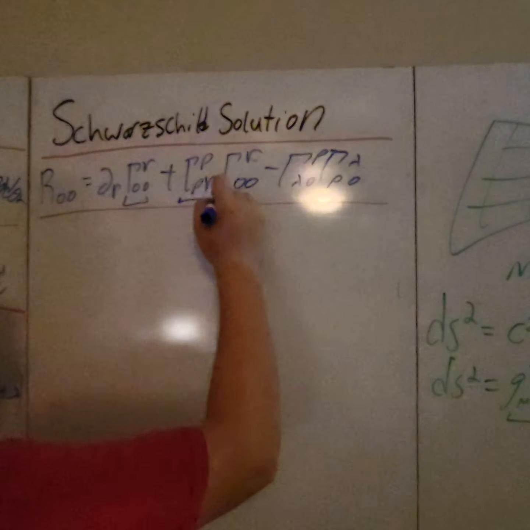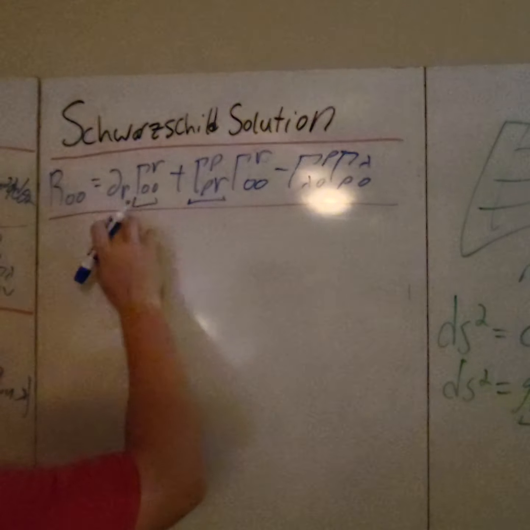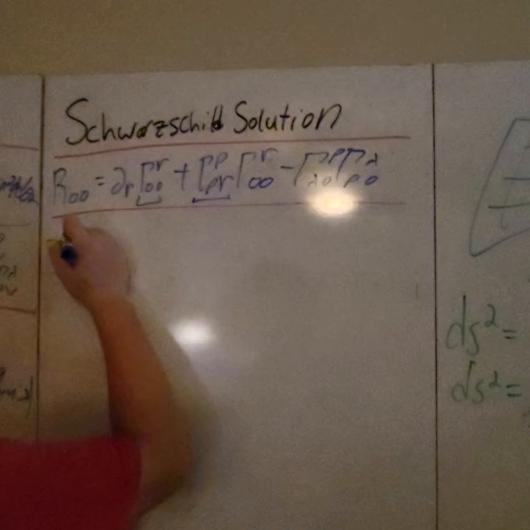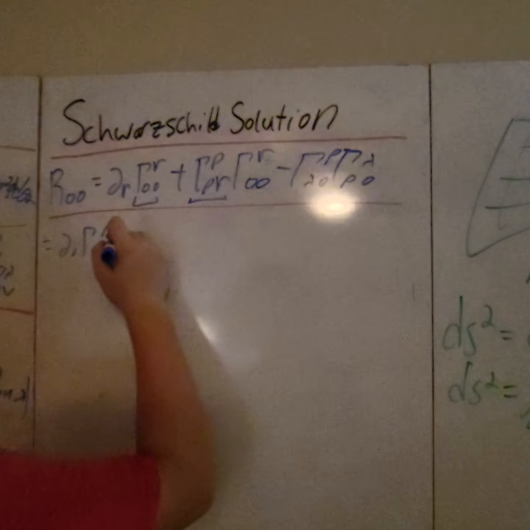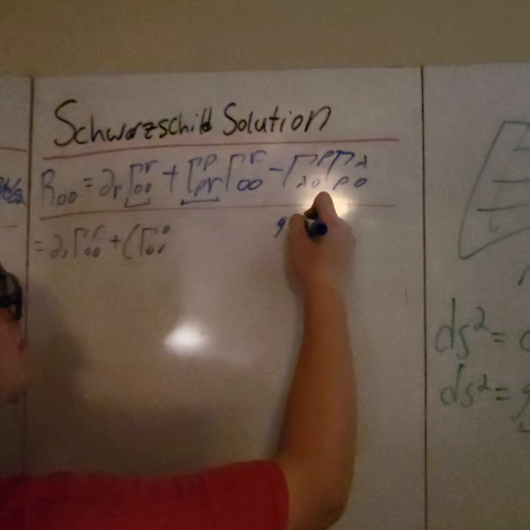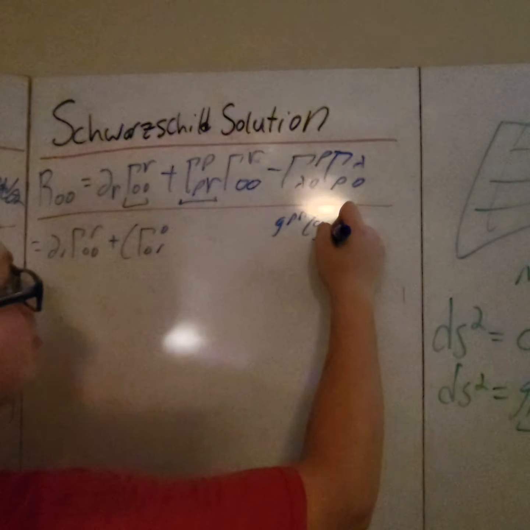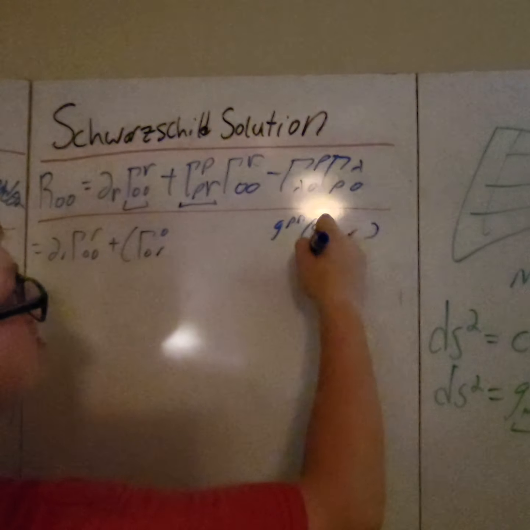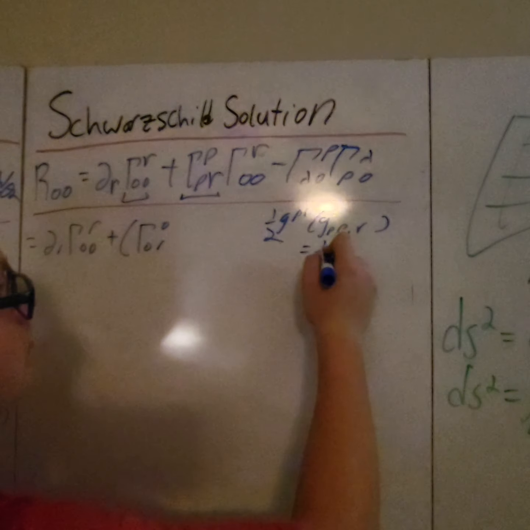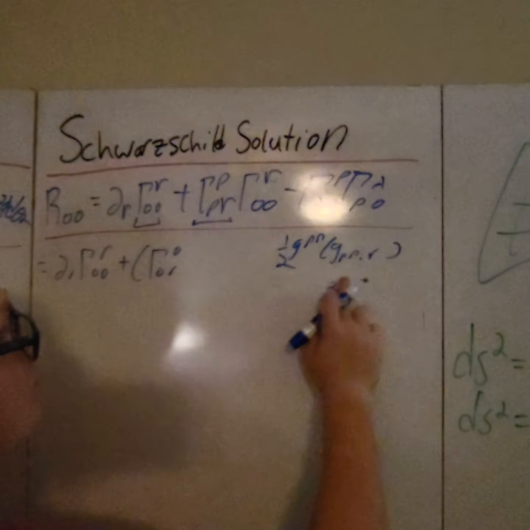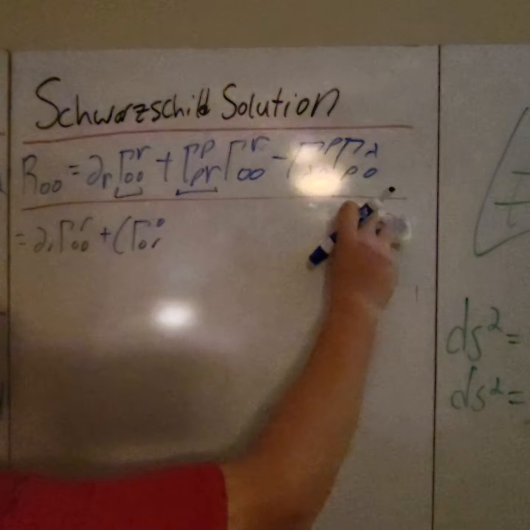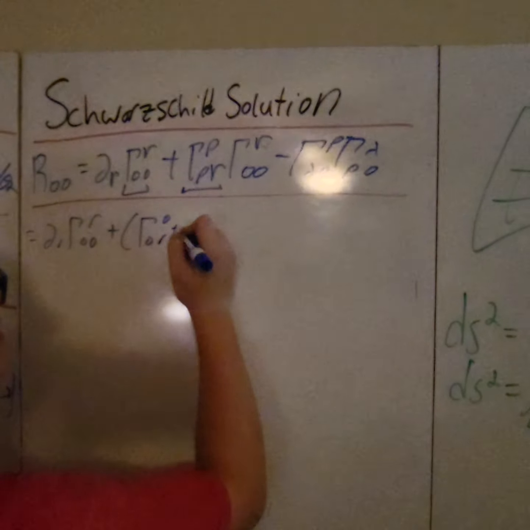Now we need to sum over all values of ρ here, which includes all of our metric components. All of our components are dependent upon r, so we'll actually have to sum over all of them.